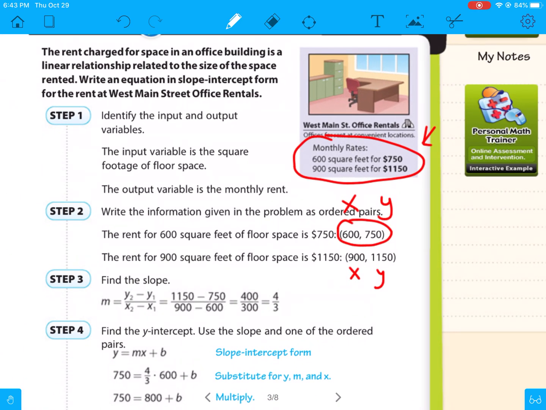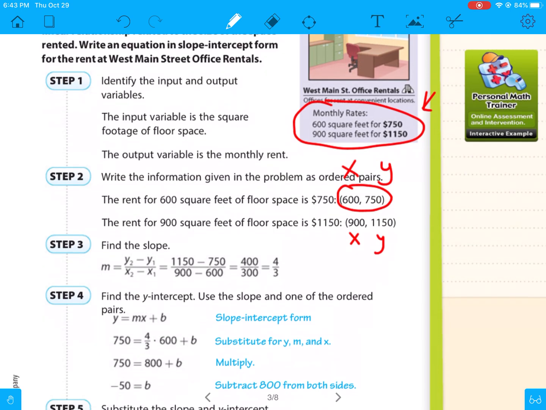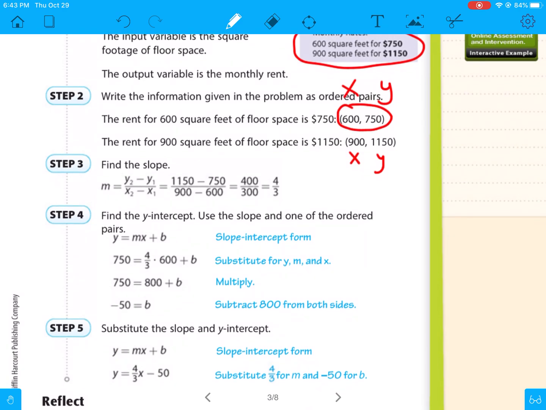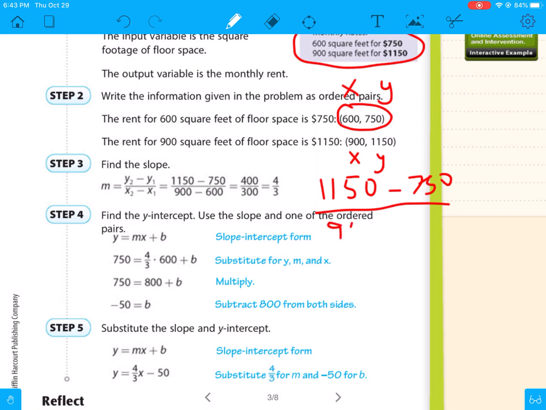Now you're going to have to do change in Y divided by change in X. So if you look, we're going to do change in Y. So we're going to do 1150 minus 750 divided by 900 minus 600.